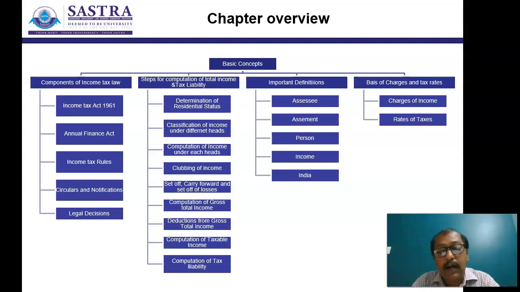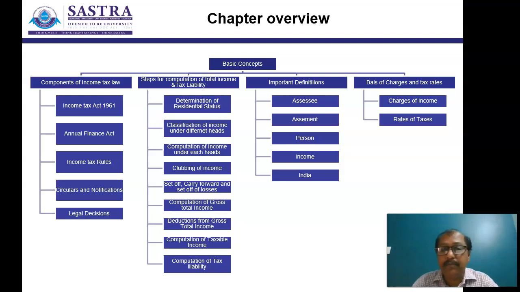And then, after deducting for all these things, the computation of tax liability, how much tax has to be paid by an individual, will be given out at the final step. So these are all going to be the basic steps involved in computation of taxes, tax liability.